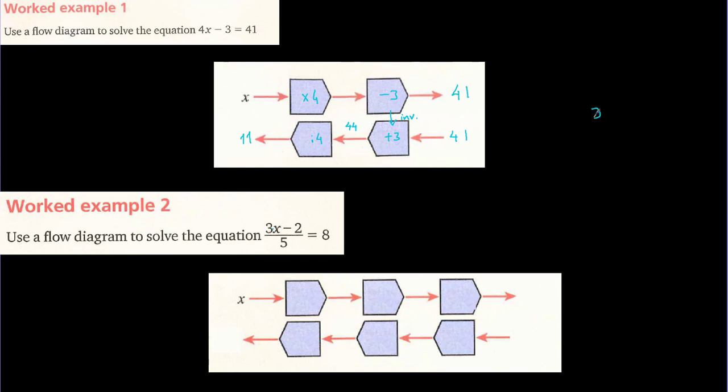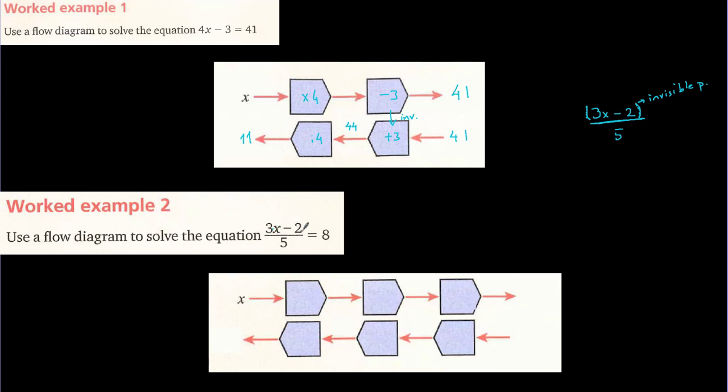When you write 3x minus 2 all over 5, actually we have to add invisible parentheses here, because this all over sign means the whole expression is divided by 5. So these parentheses are invisible parentheses for us.